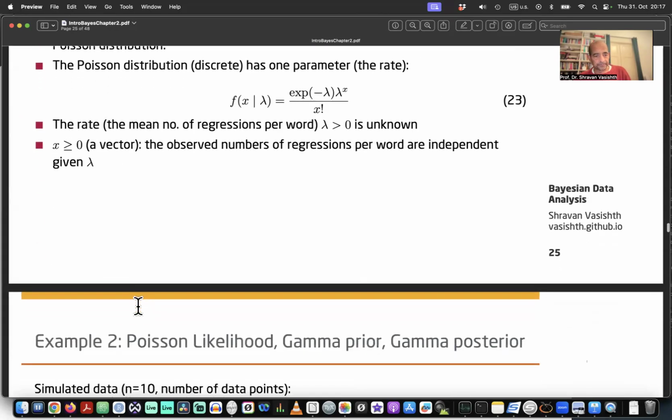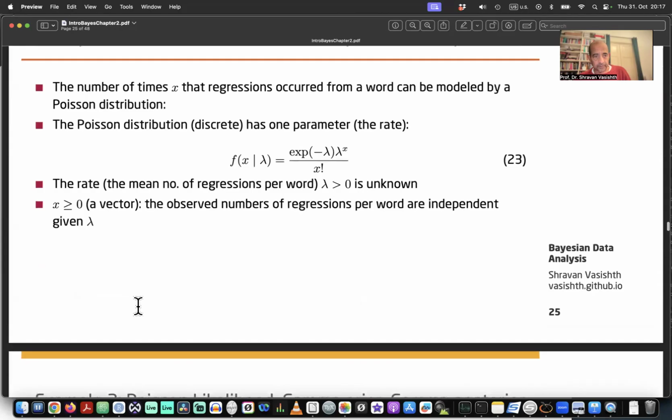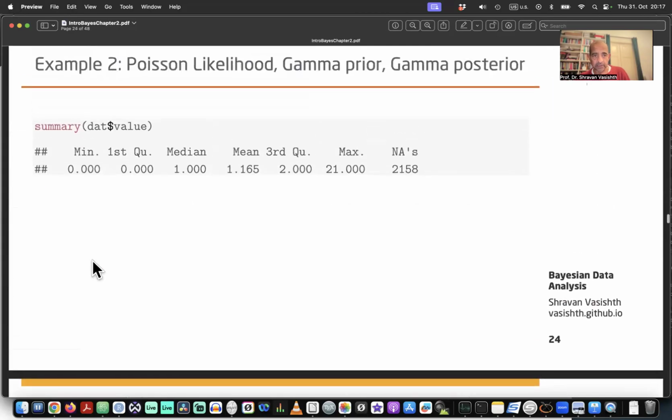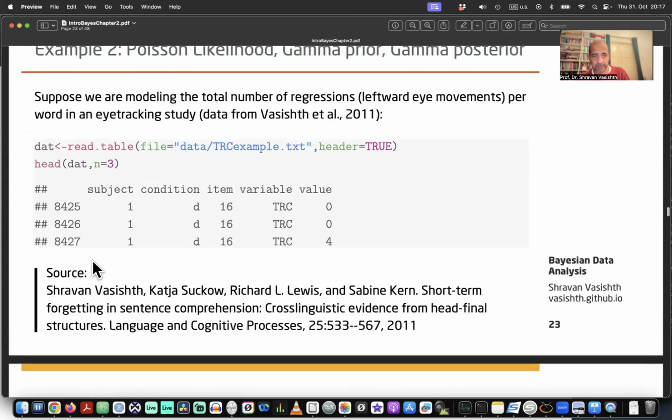Okay, so we are also assuming that the data points that we have, the number of regressions that we're observing, are independent of each other, given lambda, given the rate parameter.